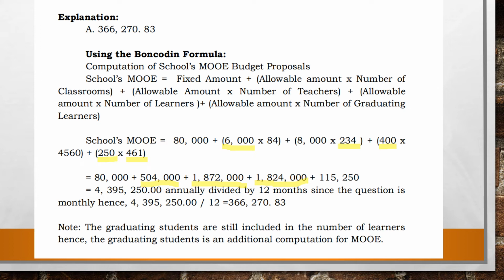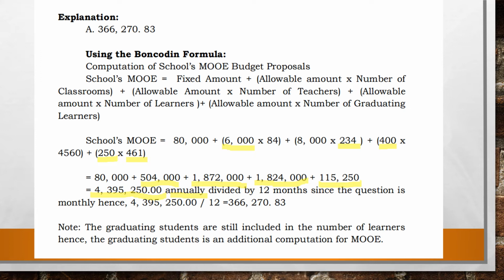So that is roughly 115,250. So technically, the result would be 4,395,250 pesos annually. But the question is, how much will be allocated monthly?